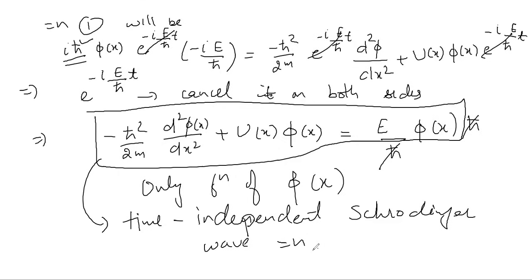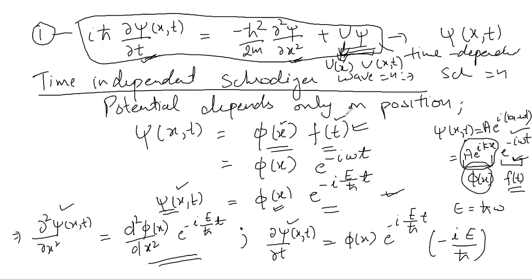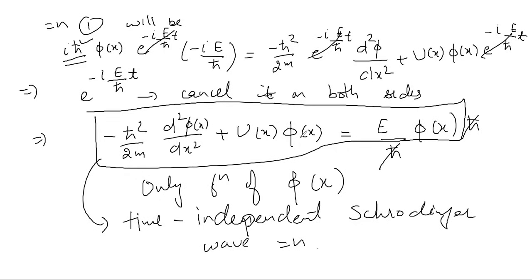The reason, because it does not have any time dependence. And this is how, if you start from time dependent Schrodinger wave equation, you can derive the expression for time independent Schrodinger wave equation. And this equation is going to be comparatively easy to solve because now you simply have a wave function which is a function of position only rather than being a function of position and time, both of the variables.